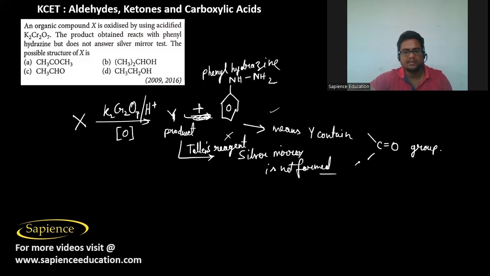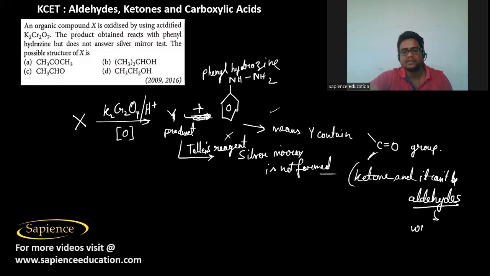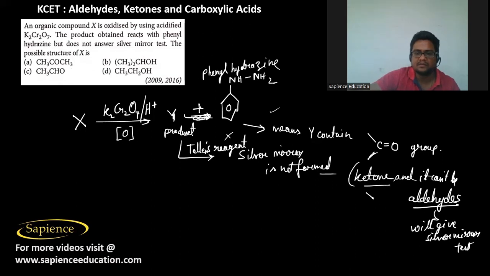It means that it should be a ketone only, and it can't be aldehyde. Since why? The rule is that aldehydes will give silver mirror test, but the ketone will not give silver mirror test. So hence the product Y should be a ketone.